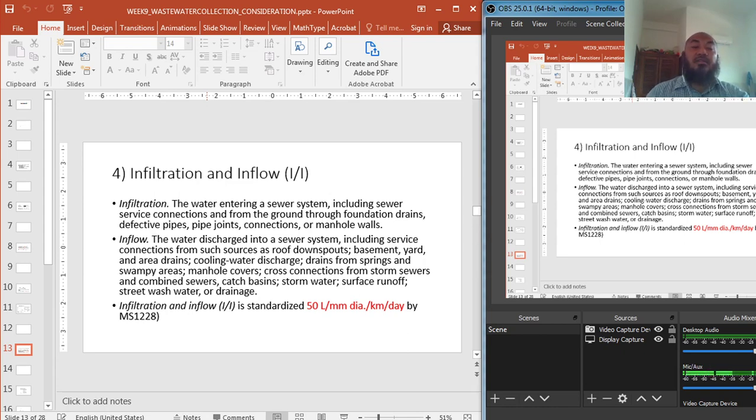These are the sources of the infiltration and inflow. But in Malaysian standard, you don't need to detail out like that. Just take the Malaysian standard, consider 50 liter per millimeter diameter per kilometer of pipe length per day.